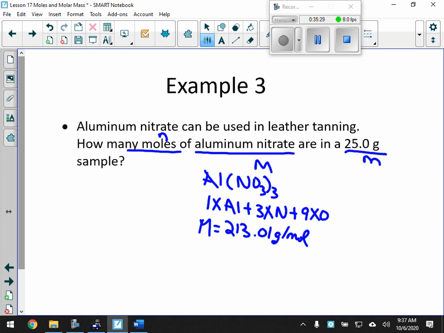Is that right for the molar mass? Yeah, looking good. Okay.